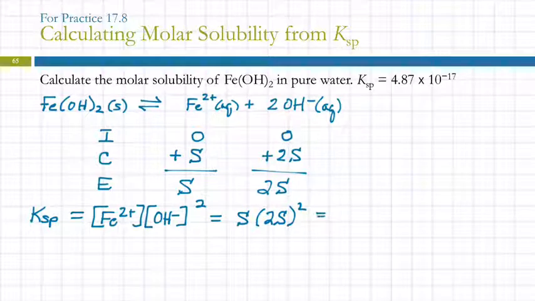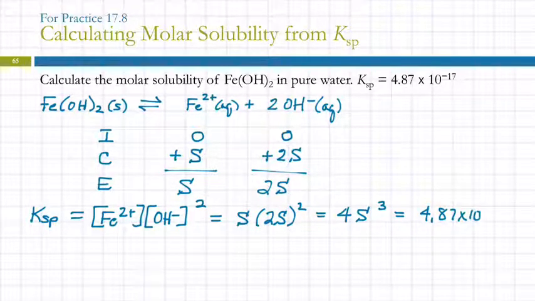So that's going to be 4S cubed, right? There's just some little algebra here. And we know what KSP equals is 4.87 times 10 to the minus 17. So now we have an equation we need to solve for S.